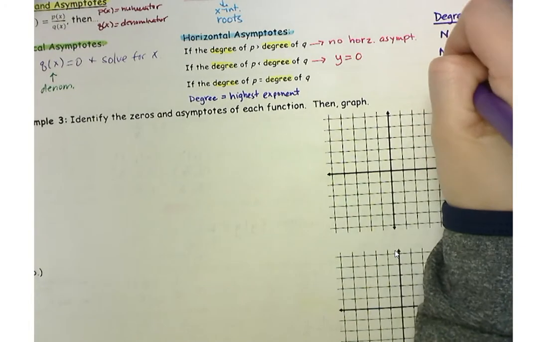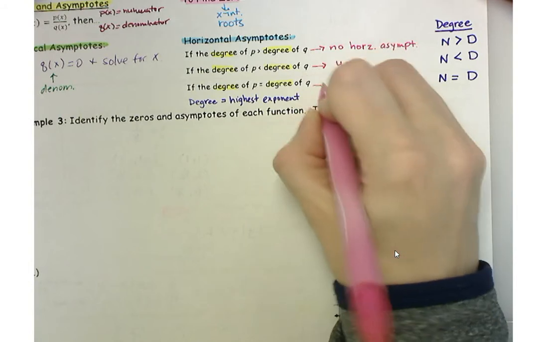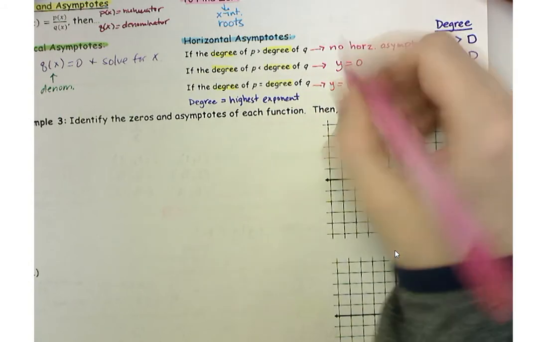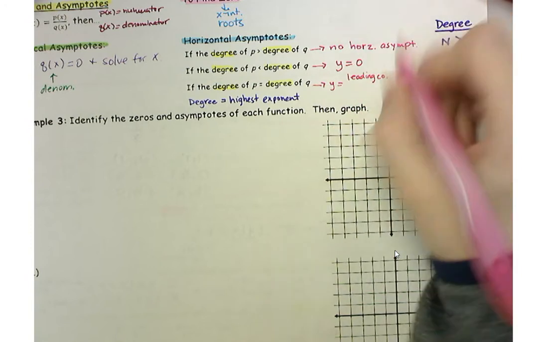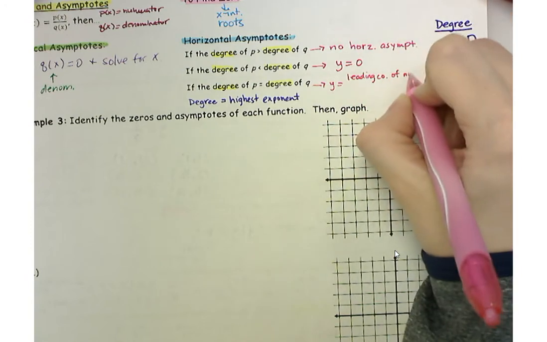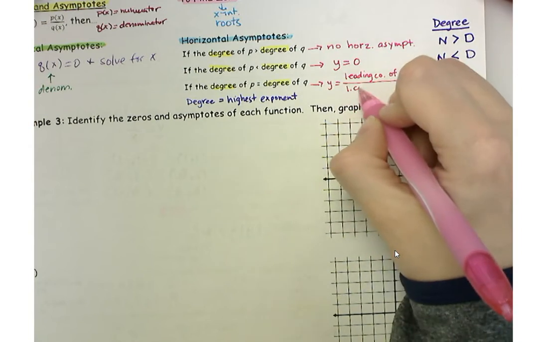Okay, so if your function was f of x equals 2x plus 1 over 3x minus 5, Chris, what's the degree of the numerator here? 1. Yep. And what's the degree of the denominator, everybody? 1.